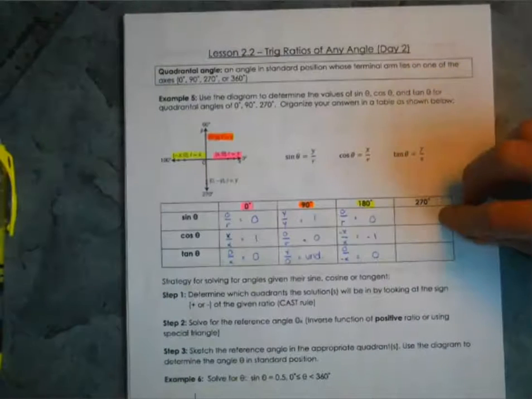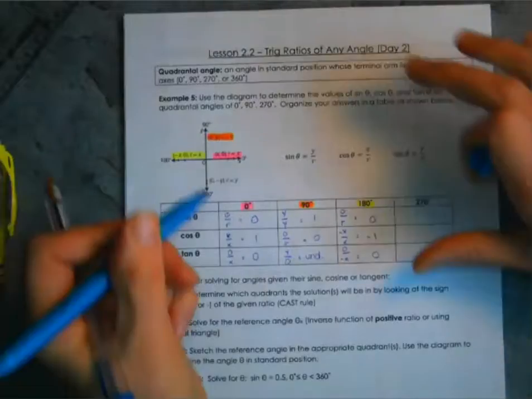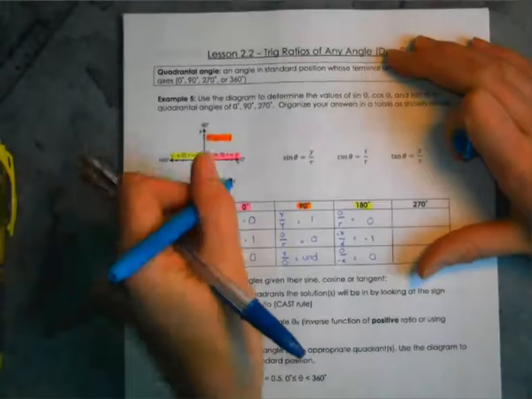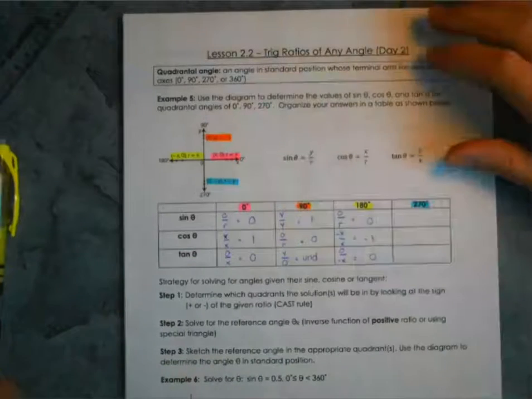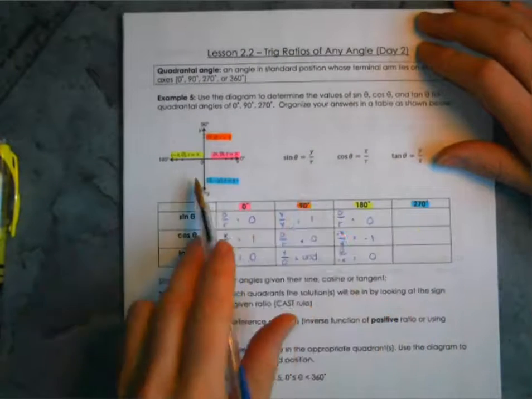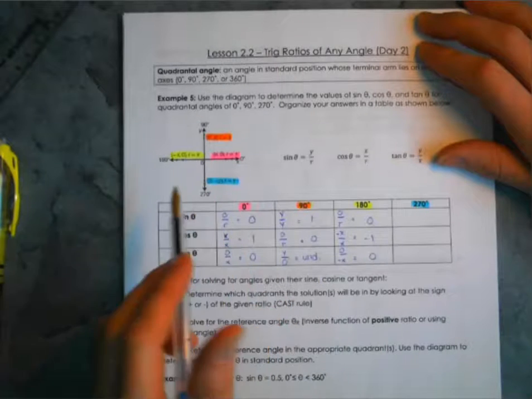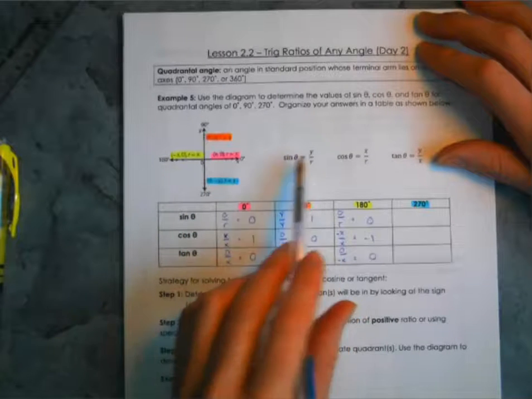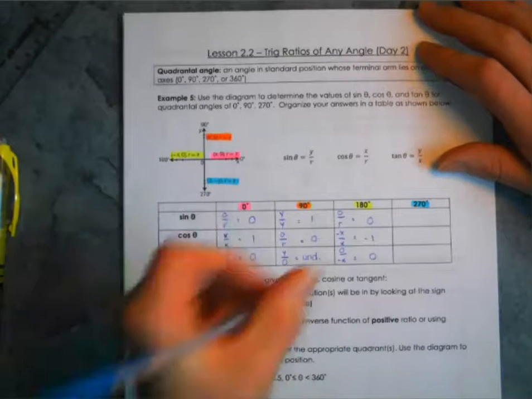Okay. Last of all, 270. Find one last color here. Okay, so 270 is for sine theta. So now we're down in this negative y quadrant. So sine theta is going to be negative y divided by r, which is equal to y.